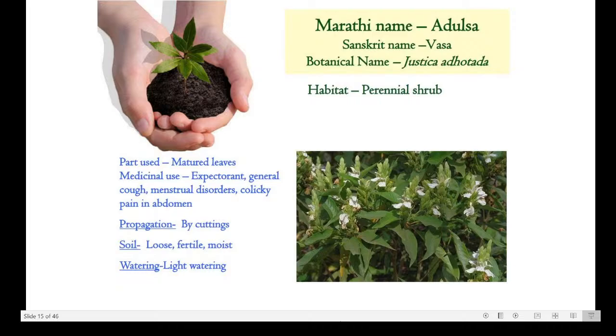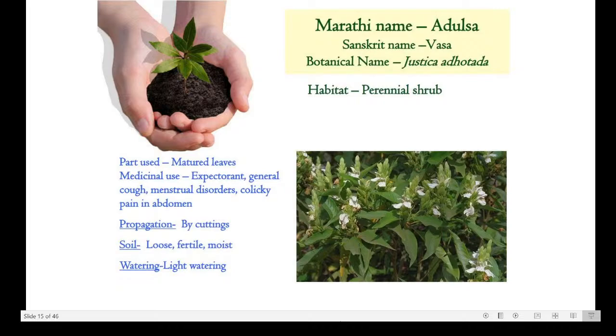The goat won't touch this plant because a phytochemical present in it affects the gut of the goat. If the goat eats this plant, the gut microbiome and enzymes get blocked and the goat will die. So the goat will not touch this plant, and it is called Adu Thoda.